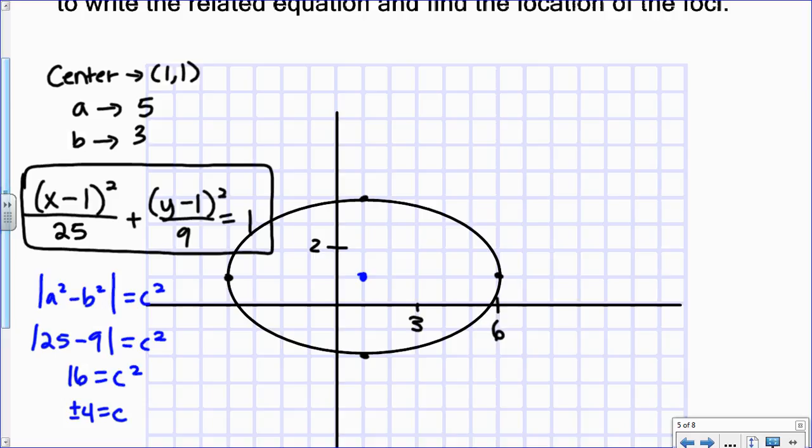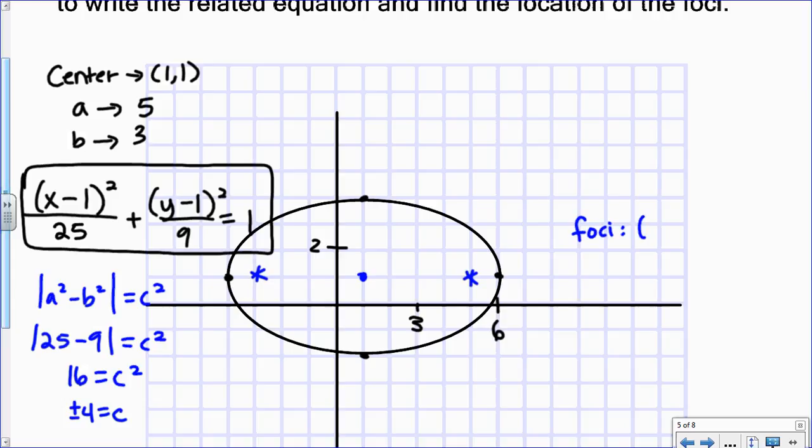So from the center, do I go horizontal or vertical? Horizontal, because it needs to be on the major axis, the longer one. They want the location, so I need to write those as ordered pairs.